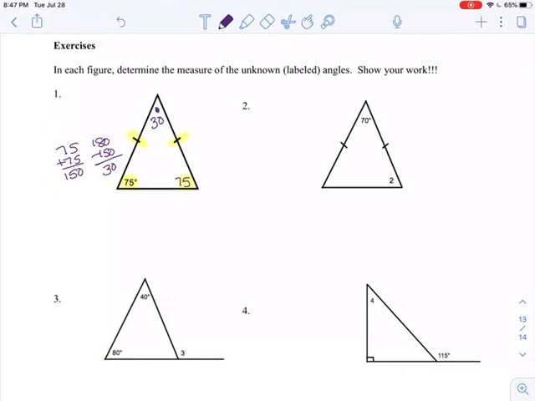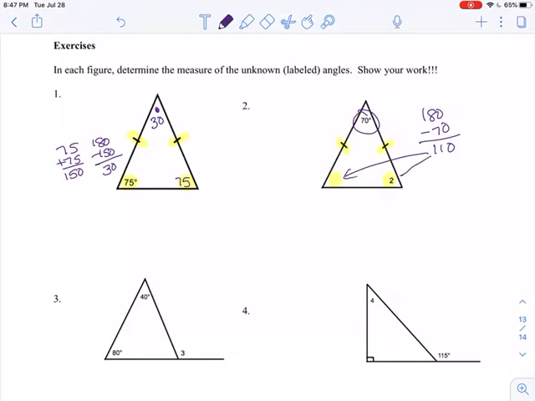Number 2 is super similar. Again, I have an isosceles triangle. These two sides are congruent. That makes these two angles down here congruent to each other. This one's different though in that they're giving me the vertex angle. This vertex angle is 70 degrees. I know the three angles of a triangle equal 180. So 180 minus 70 is 110.